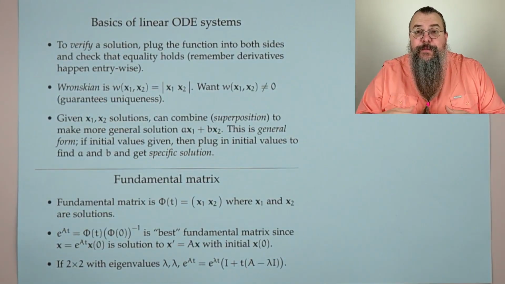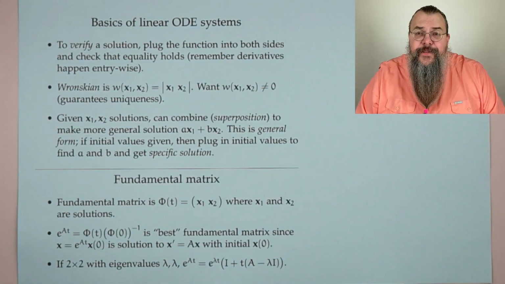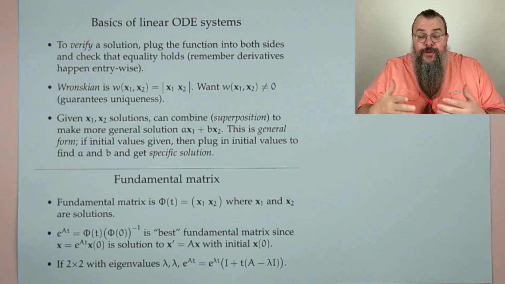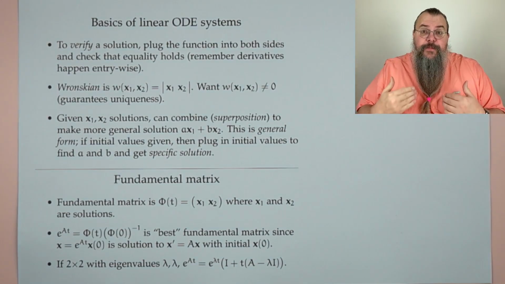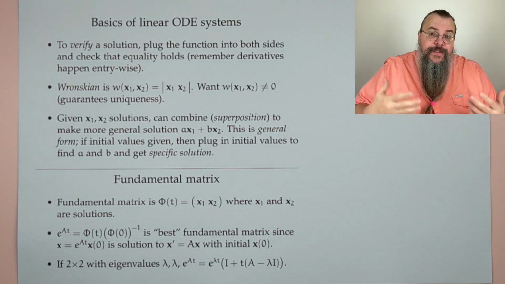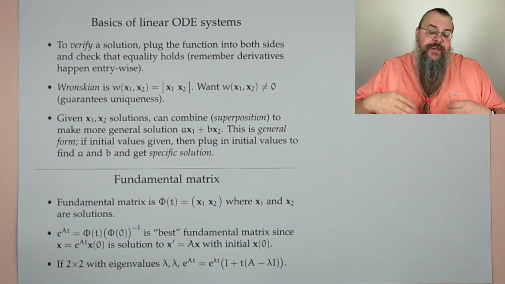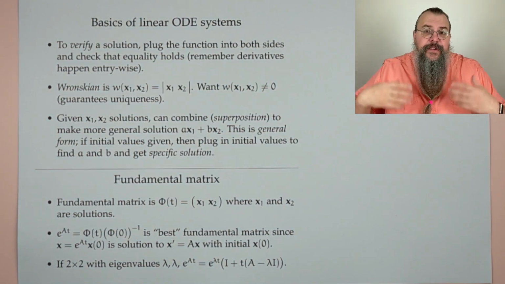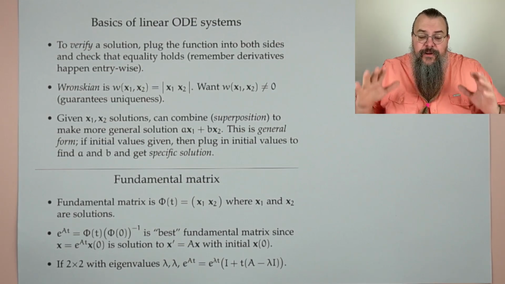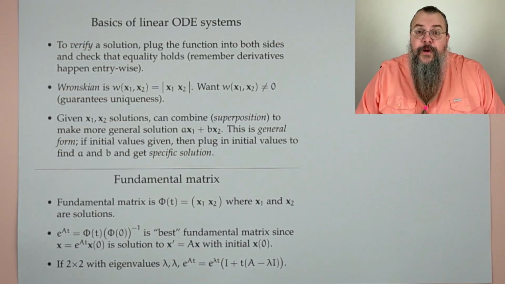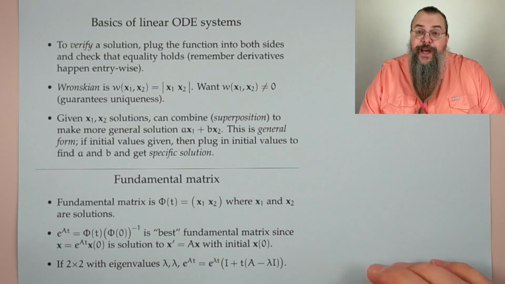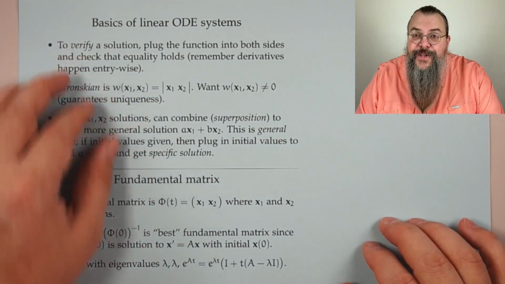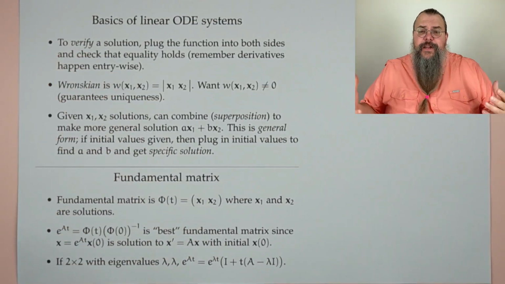So let's now talk about our basic ideas of linear systems. A lot of the terms we use match with what we talked about before. Things like Wronskian and homogeneous, linear independence, superposition. So the ideas are going to be familiar. One of the first things to remember is, how do you verify a solution? Well, verify is really a simple idea.